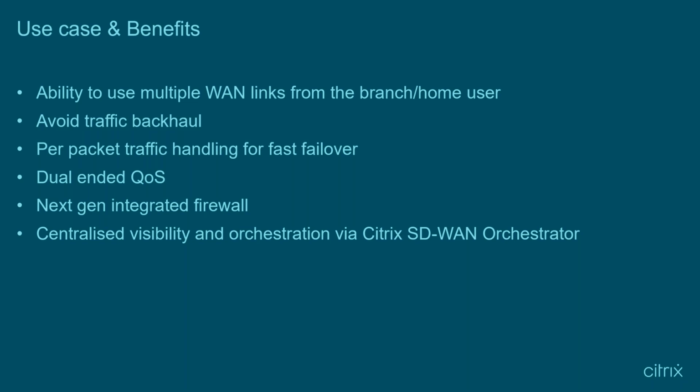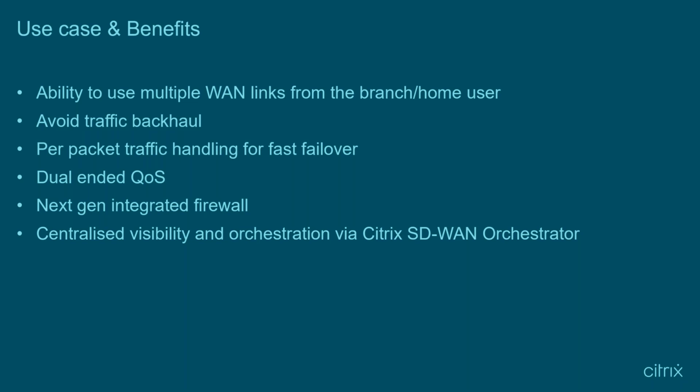And of course, if you are using the virtual path technology, you get per packet load balancing and dual ended costs. The next generation integrated firewall is also integrated onto the appliance, and all of this is managed via a centralized pane of glass that is the SD-WAN orchestrator.